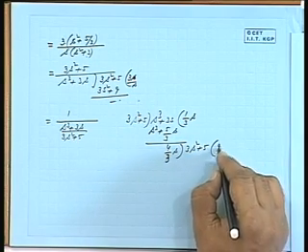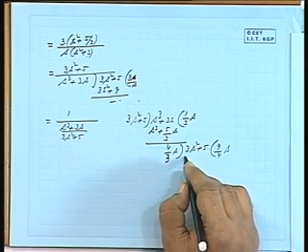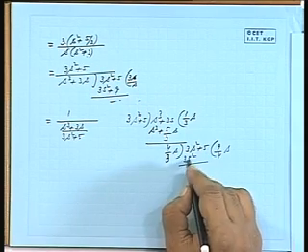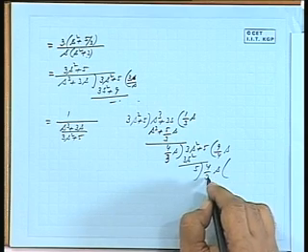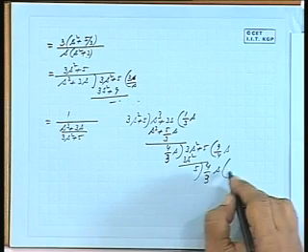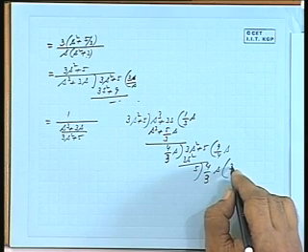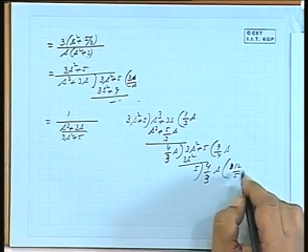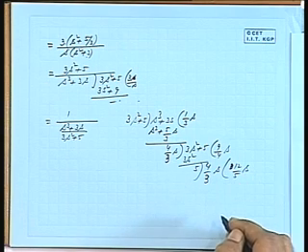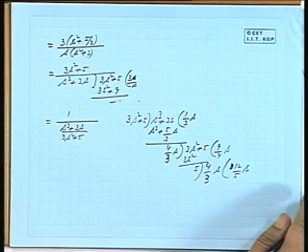Okay, so 9 by 4s will give me 3s squared, and then 5, 4 by 3s.